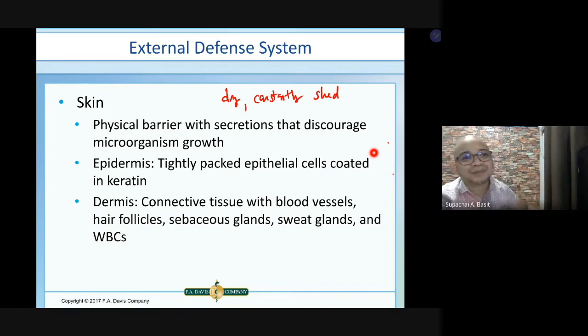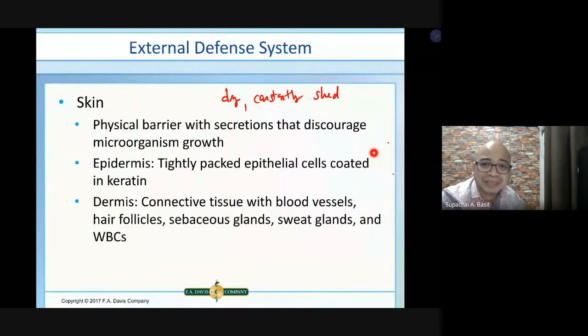The outermost layer is the stratum corneum. This layer is made out of dead cells, and we are actually shedding away these dead cells because it's being renewed, since it is made up of stratified squamous epithelium. Once we remove dead skin, we are also removing microorganisms.